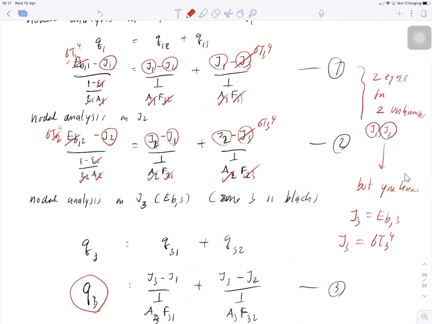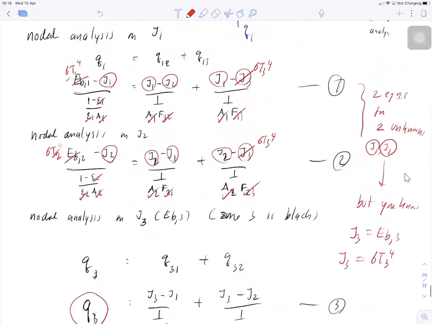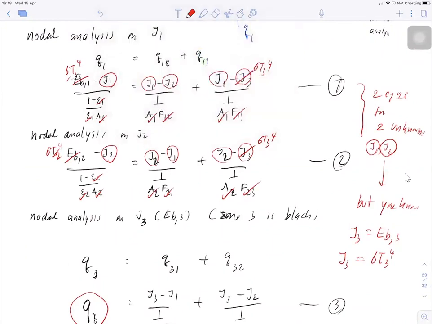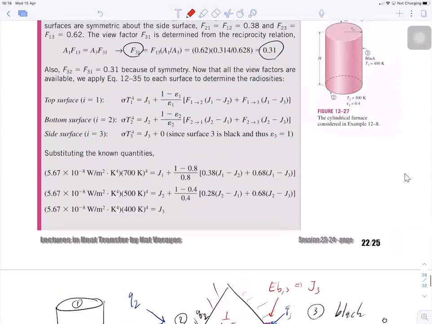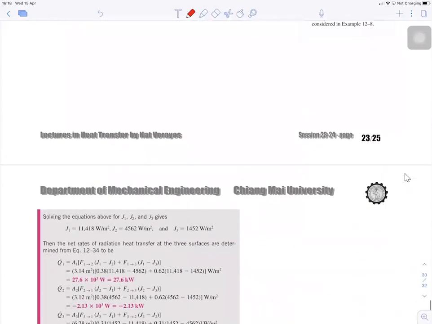And all I'm asking is to substitute all the numbers and solve for J2 and J1. It's seemingly in the book, they already did that, okay? And they said, where is it? Oh, okay, here.